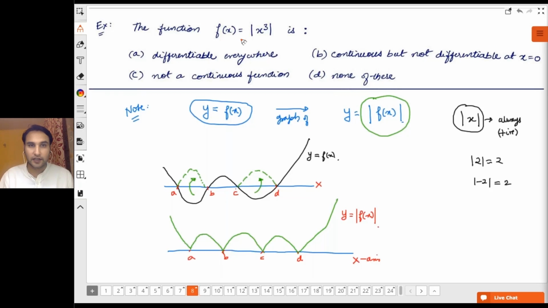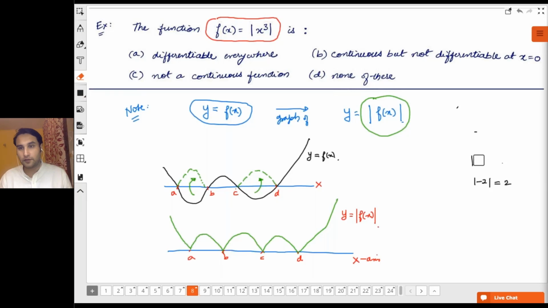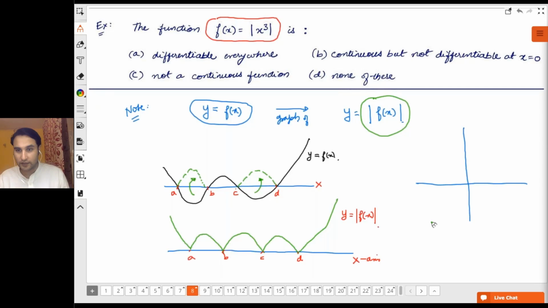If this concept is clear, now please plot the graph of y is equal to mod of x cube. How will this be? Let me first plot the graph of x cube. The x cube graph is like this.